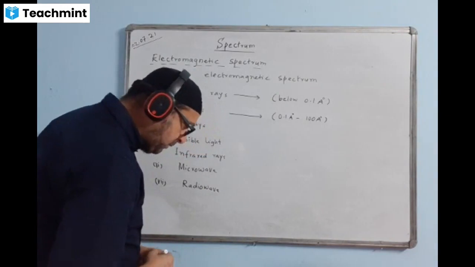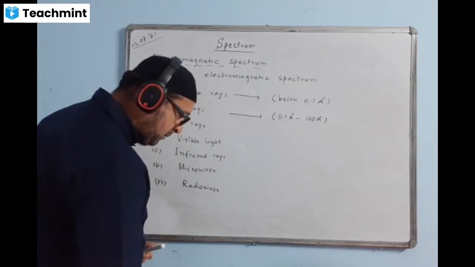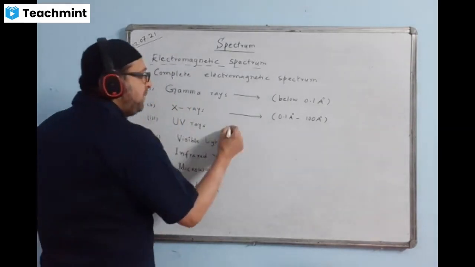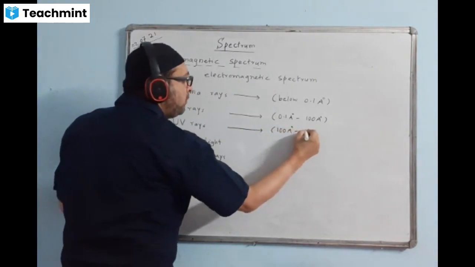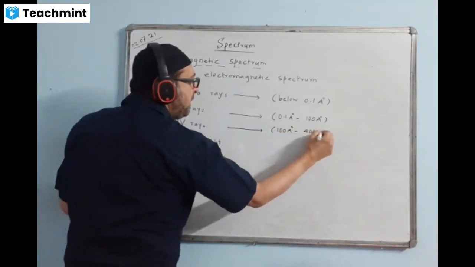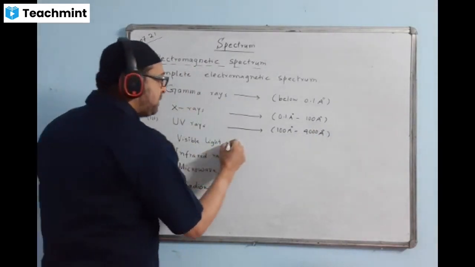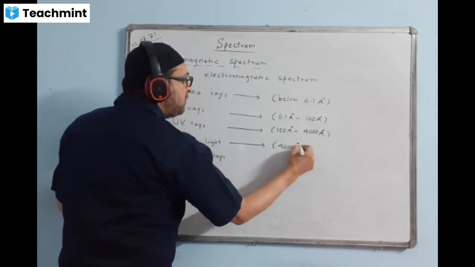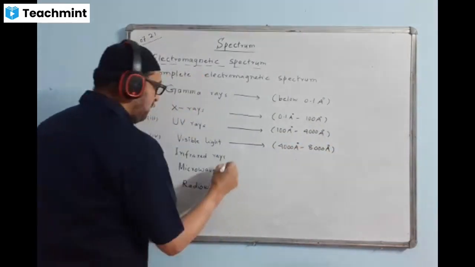Then UV rays will come from 100 angstrom to 4000 angstrom. Visible light comes 4000 angstrom to 8000 angstrom.